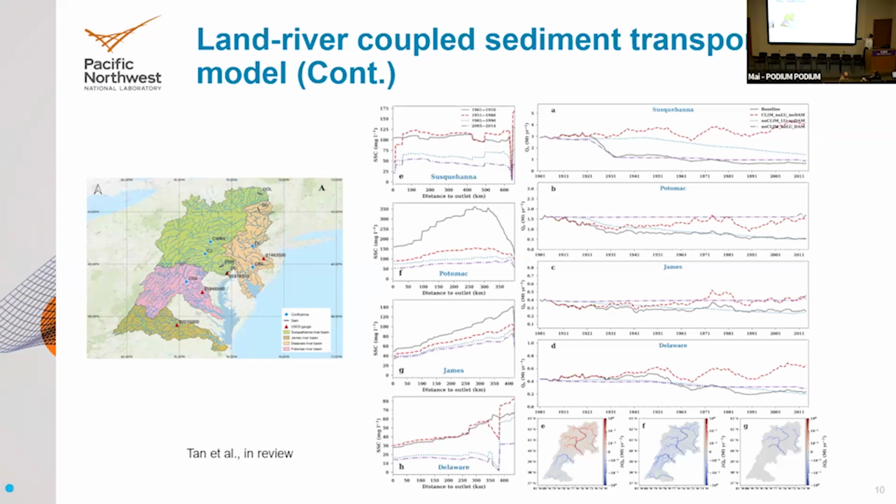But for the other rivers, land use and land cover change is the major driver. This is because when we look at the simulation that only includes the effect of land use and land cover change, shown by this blue dotted line, it is very consistent in the trend with the green line.